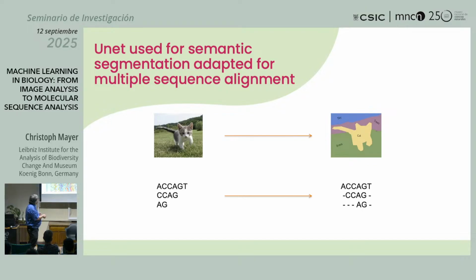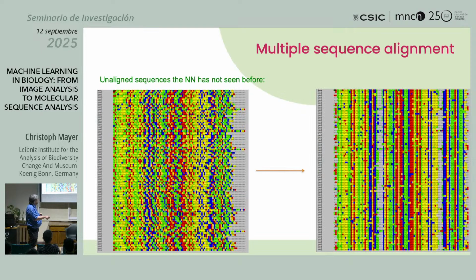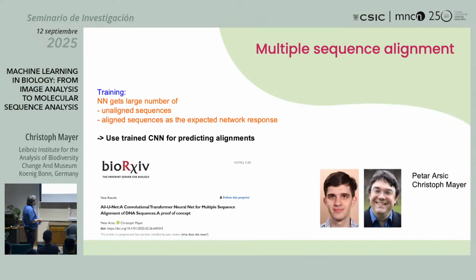So we give it these sequences, and it produces that alignment here. So that's something that we do in my group here. That was a project with Peter Arsik, and we published that as a preprint here.